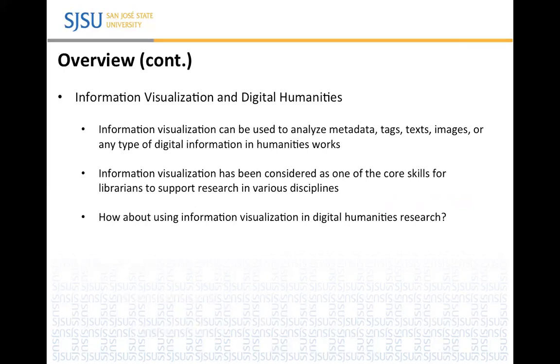In particular, relatively less is known about how librarians, especially academic librarians who often provide support for digital humanities research, should prepare themselves for this emerging technology. So here comes the overarching question. How have scholars in the digital humanities field been employing information visualizations to support their research? And what does that mean to librarians, or specifically to academic librarians?